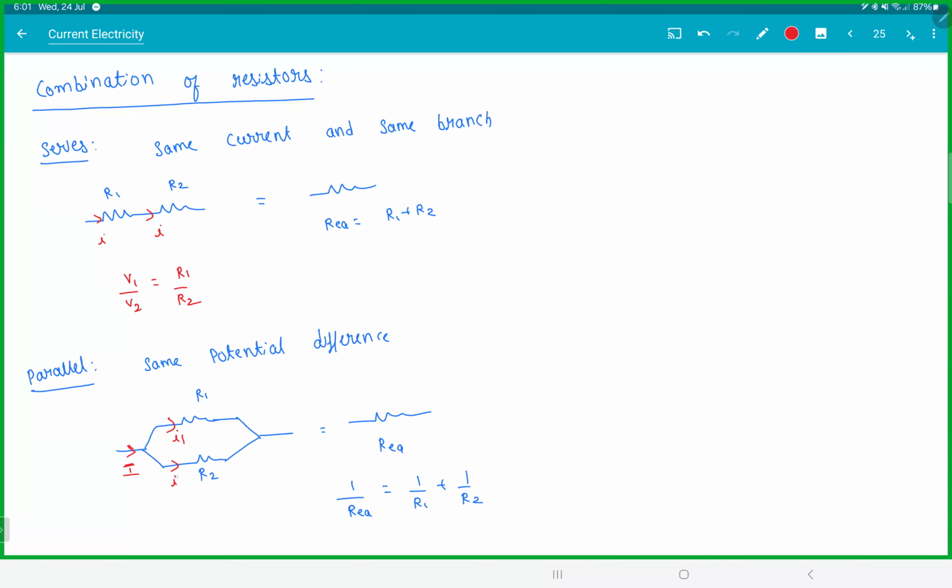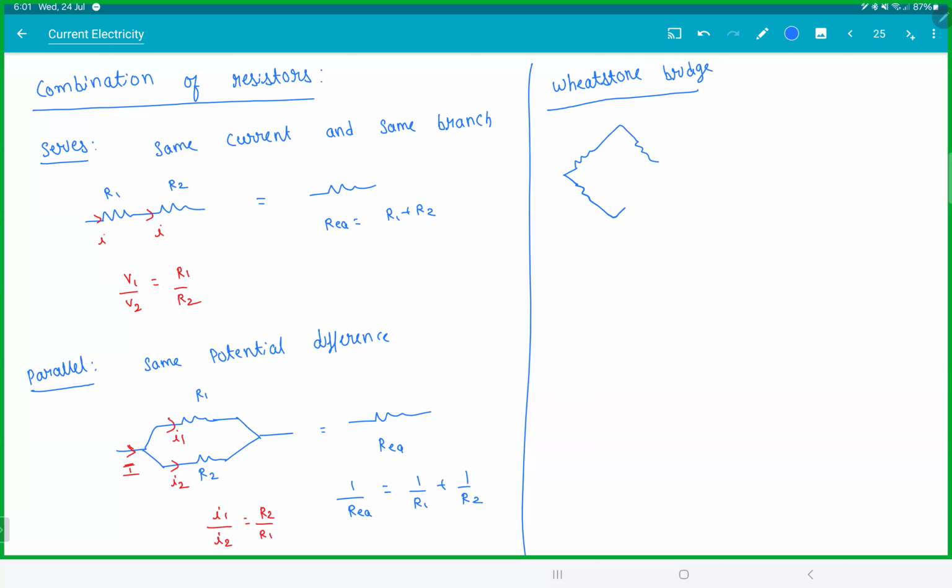Current will split I1, I2. I1 by I2 will be R2 by R1. More resistance, less current will flow. This thing we already done. This is the fourth time already.